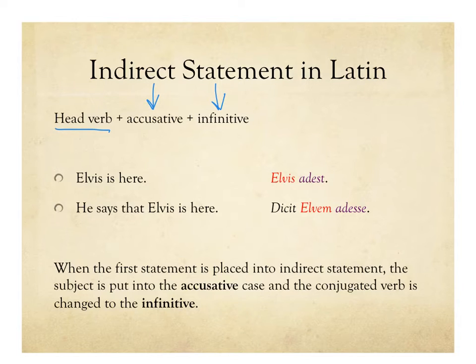Elvis is here. But if we transform this into an indirect statement, we can say, here's our verb. He says, "dicit," and then our Elvis goes into the accusative, and our verb goes into the infinitive.